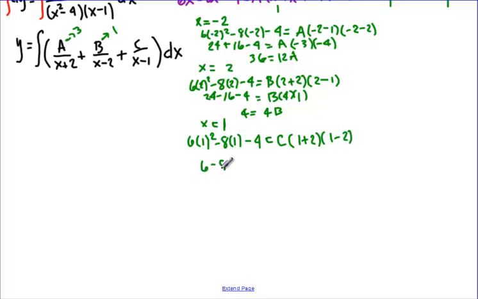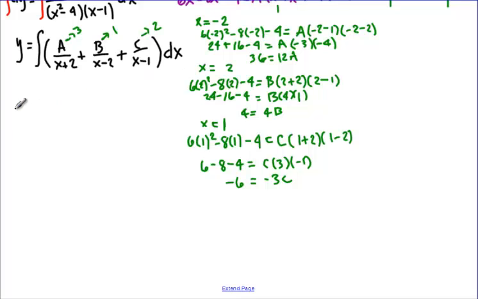So 6 minus 8 minus 4 equals c times 3 times negative 1. And on the left, I end up with negative 6 equals negative 3c. So in this case now, my c is going to be 2.